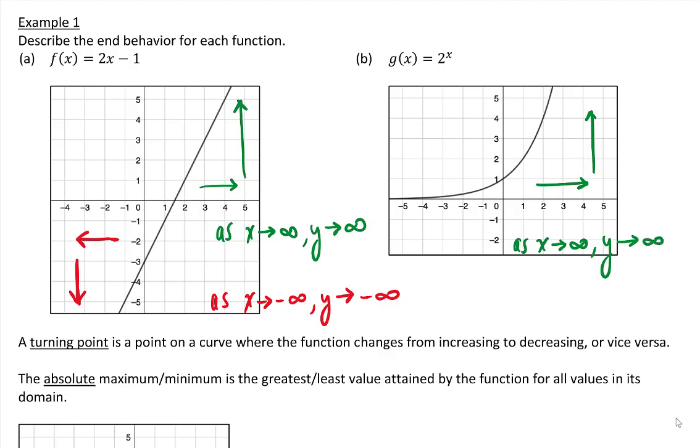And if we look in the opposite direction, as x goes to negative infinity, notice that the graph here, remember this is an exponential function, the y values are starting to approach 0. So as x goes to negative infinity, we see that y is going to 0. All you're doing is describing the end behavior of the graph, nothing in the middle.